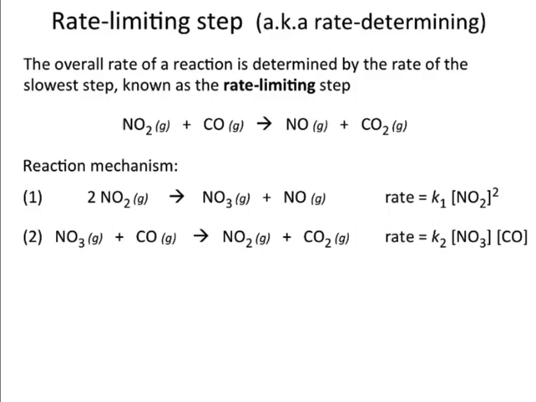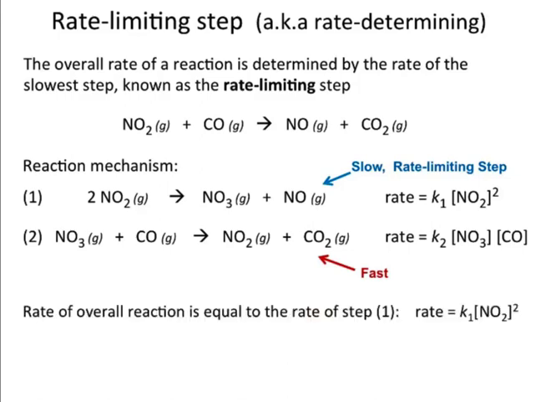You can say, okay, since there's a 2 right here and there's only one reactant, here's the rate. Great. Or if you were talking about reaction number 2, there's only one of NO3 and one of carbon monoxide, so they both go here. Now, whichever one of these is slowest gives the overall rate law for the reaction. It turns out that the first one is the rate limiting step because it's the slower of the two steps.